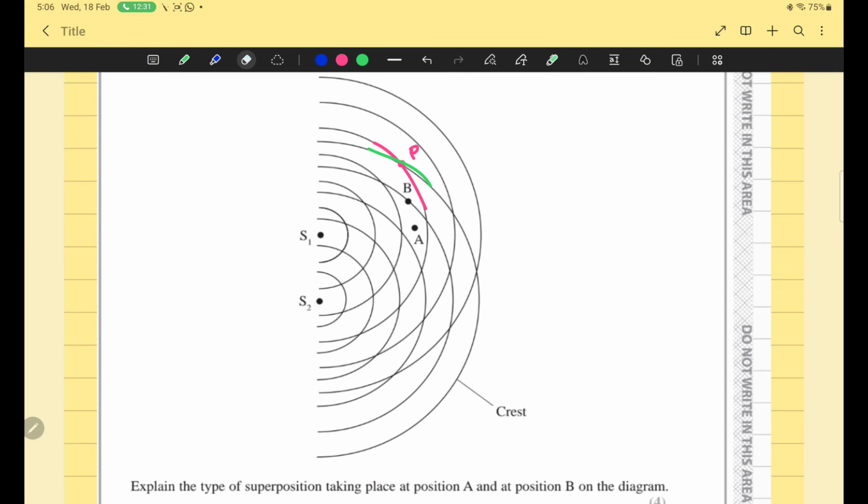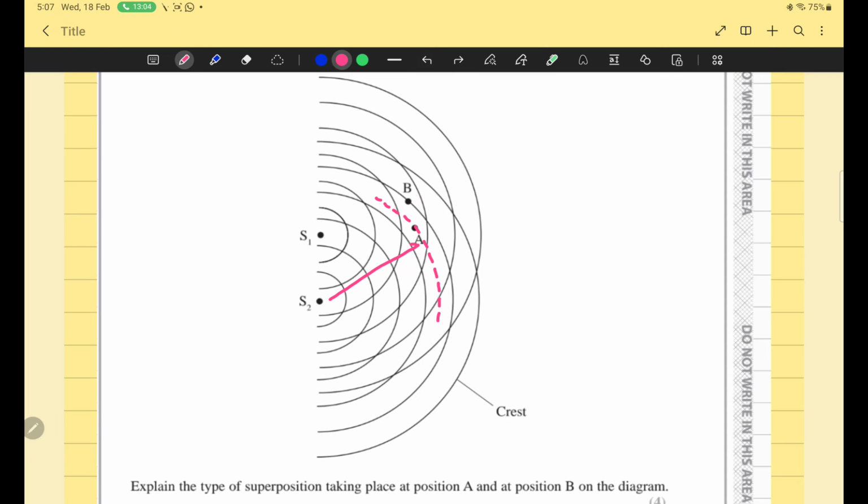And in the last class, I taught you that if the examiner draws a dotted wavefront, then this dotted wavefront actually represents the trough of the waves. Remember, the dotted wavefront which I have drawn is coming from source number two.